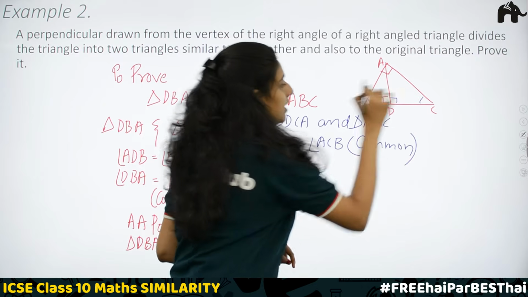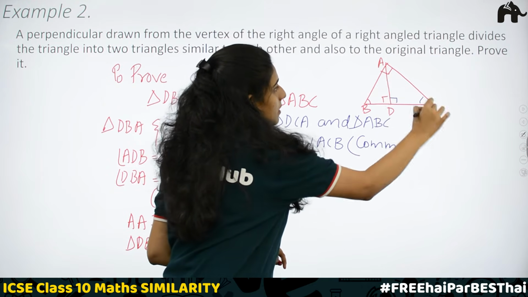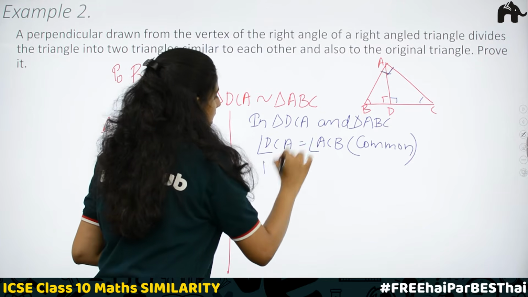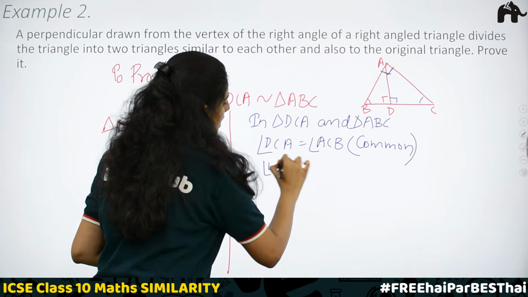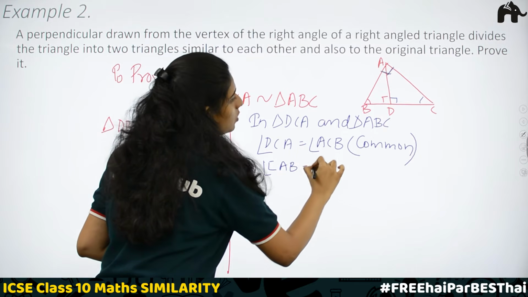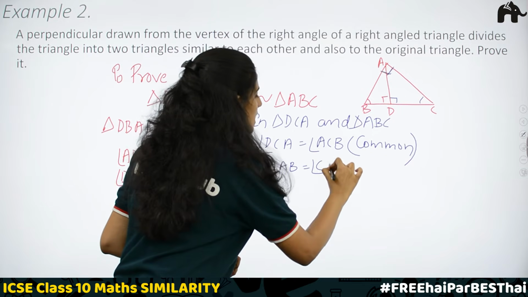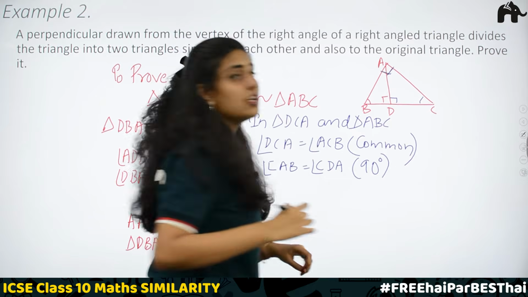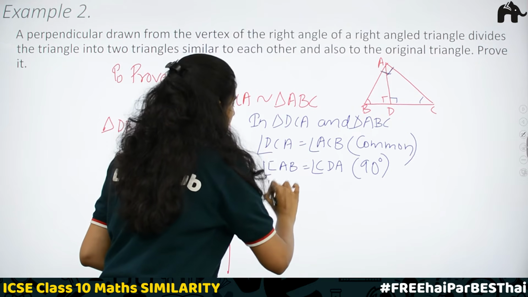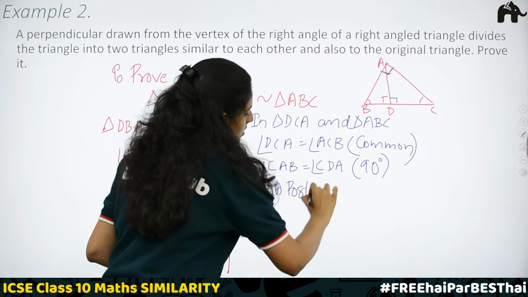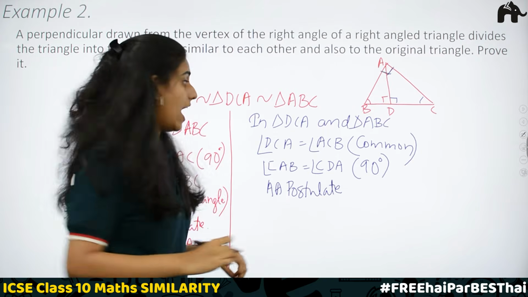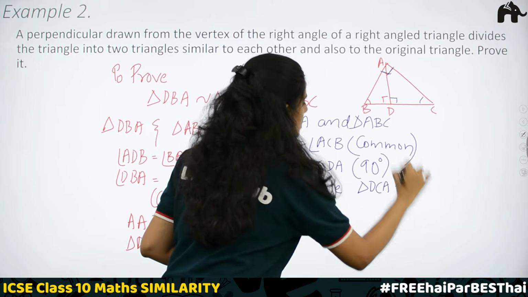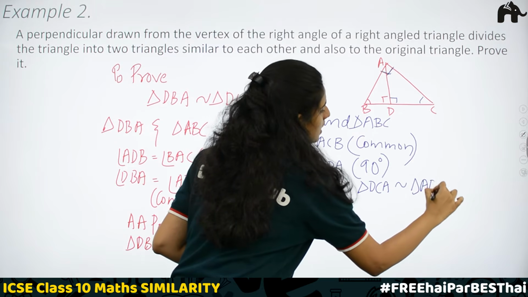Here this angle will be 90 degree. Already in triangle ABC we have right angle at A, which means angle CAB is equal to angle CDA. Both are right angles or 90 degree. So again using the AA postulate, we have triangle DCA similar to triangle ABC.